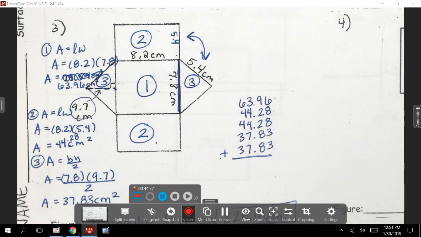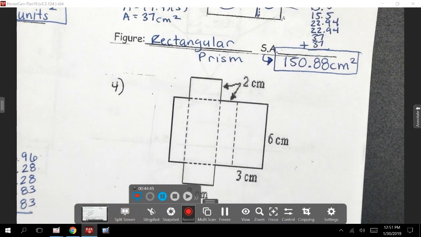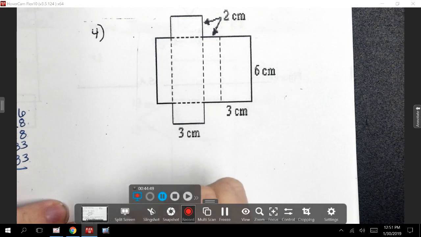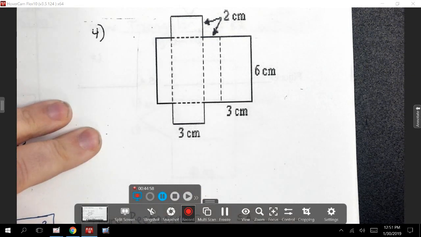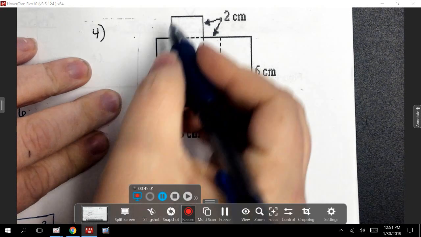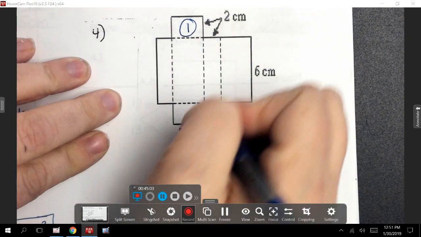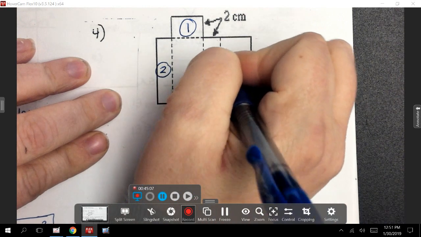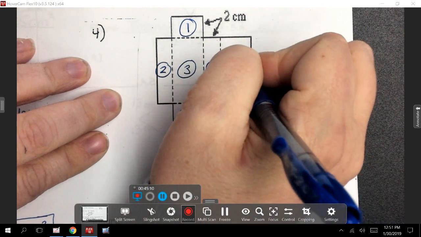All right, so looking at number 4, we have another rectangular prism that we're looking at here, since it's all rectangles. So now looking at my shapes here, I have that top and bottom shape that are obviously matching, and then I have my 2 skinny rectangles and my 2 larger rectangles.